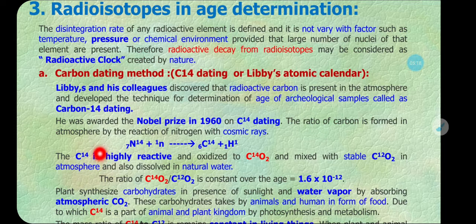These C14 radioisotopes are highly reactive and react with oxygen in the oxidation reaction to form a radioisotopic carbon dioxide, that is C14O2. Then it is naturally mixed with the stable CO2 in the atmosphere and also dissolves in the natural water.